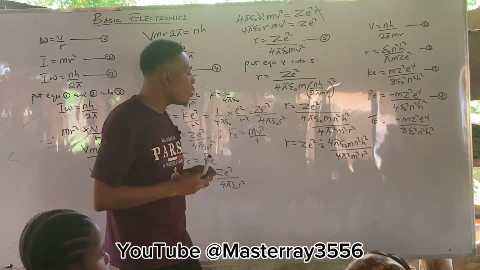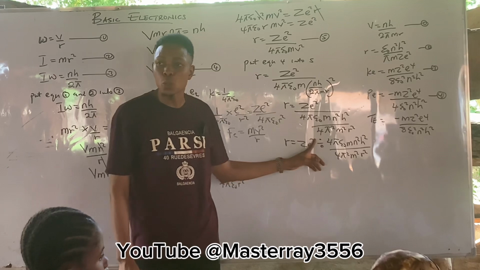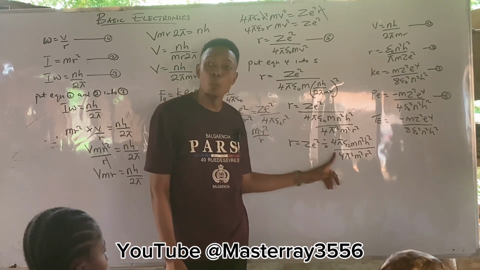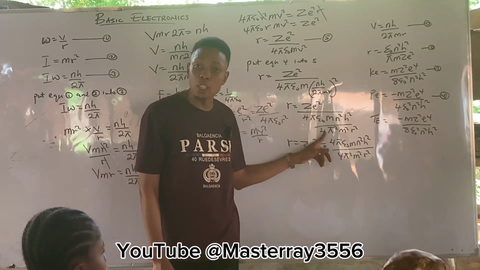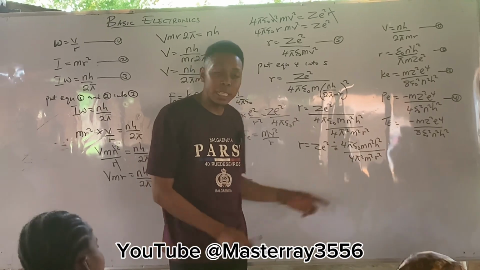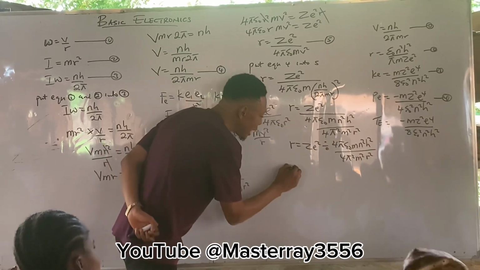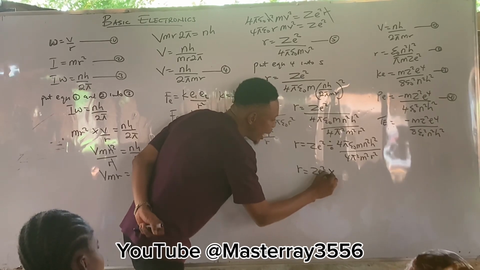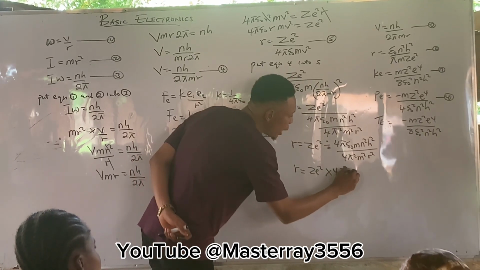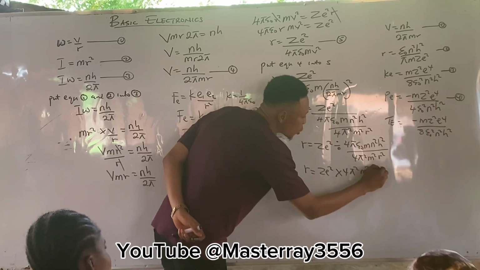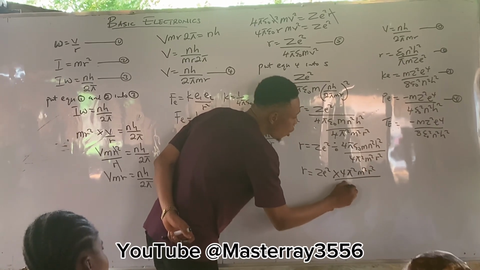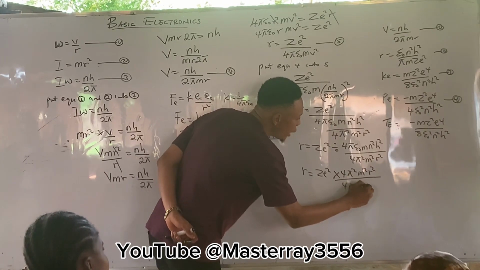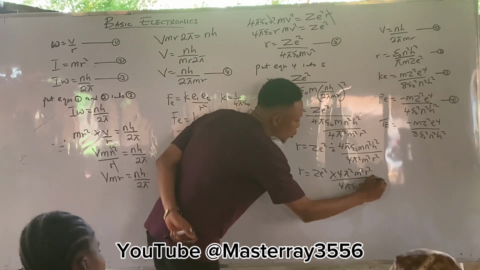Now, if I'm checking this division of equations, the denominator will move toward the numerator, and the numerator will move toward the denominator. And then we have it as r equals Z² times 4π²m²r² over 4πε₀mn²h².